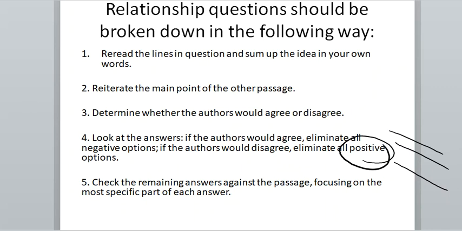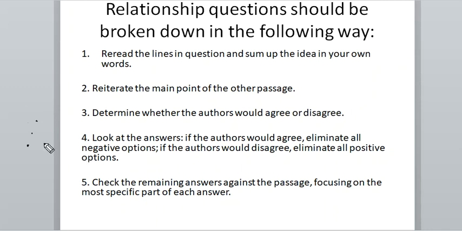Okay, and last but not least, check the remaining answers against the passage, focusing on the most specific part of each answer. Here, after you decide the tone of the writer, and you rephrase the main idea using your own words, and you determine whether the topic discussed is being disagreed on or agreed on, last but not least, you should look at certain indicators in the answers themselves.